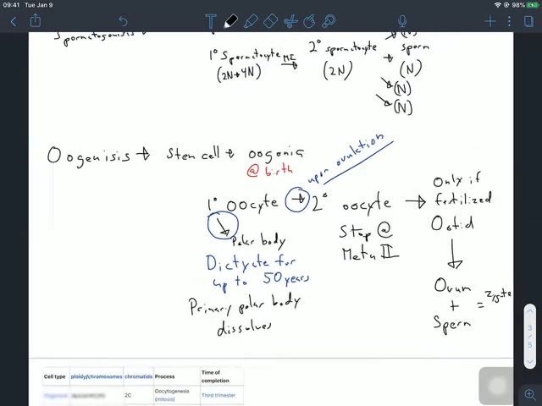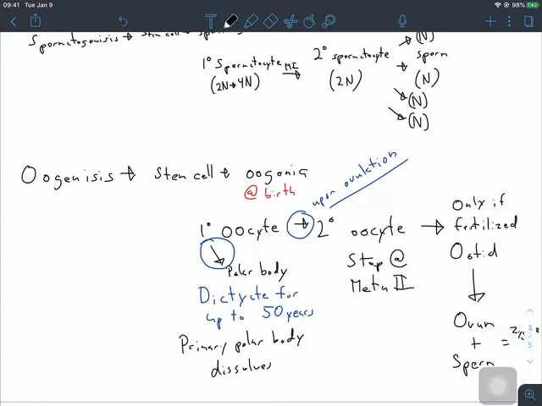So it's absolutely crazy to consider that you have, as a female, cells that are essentially frozen in a dictyate stage in prophase 1 for up to 50 years. They then complete prophase 1 and go through the rest of PMAT 1, stopping at metaphase 2 once the egg is released from the ovaries.